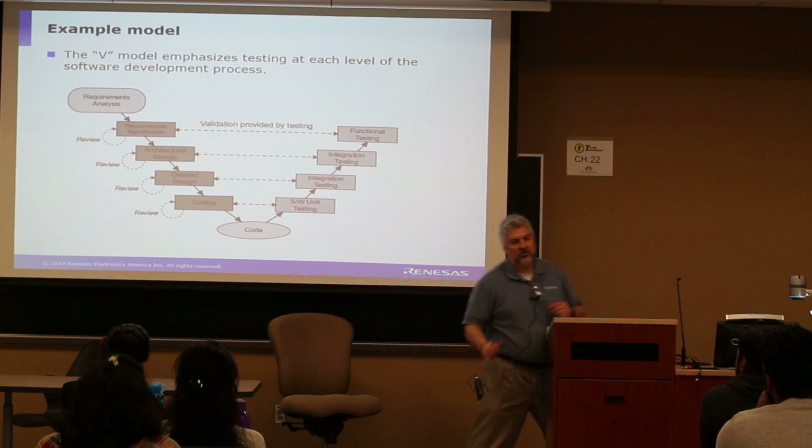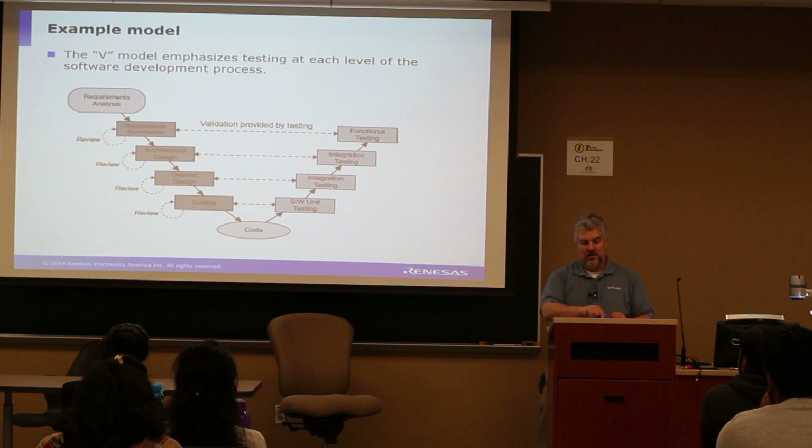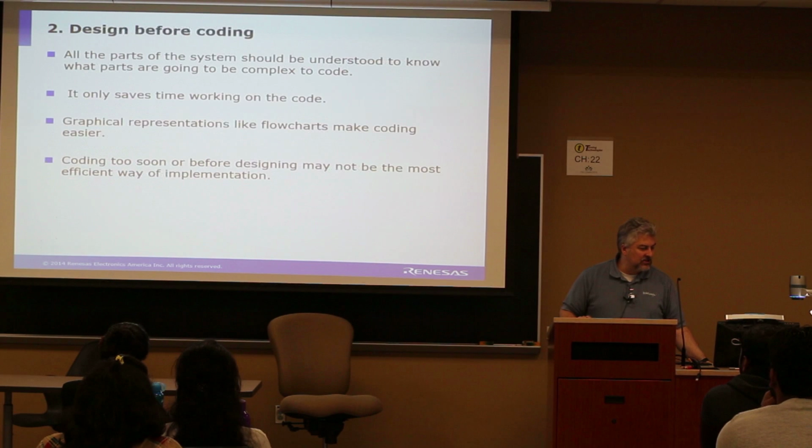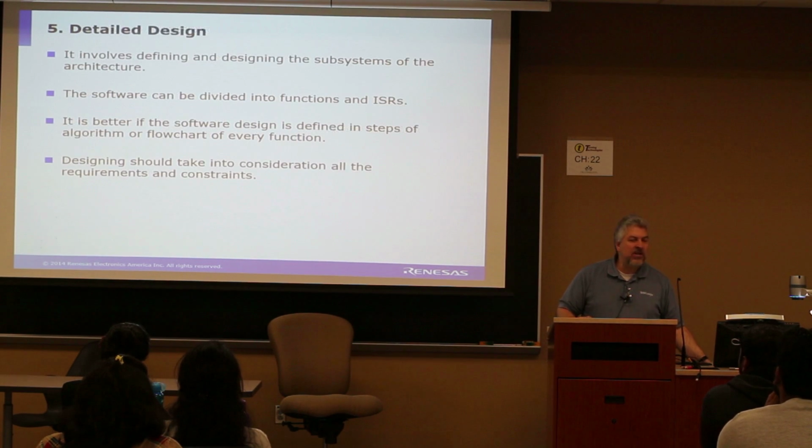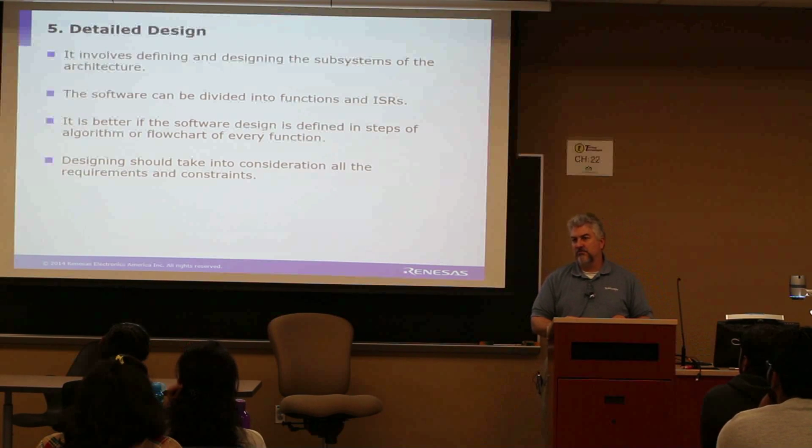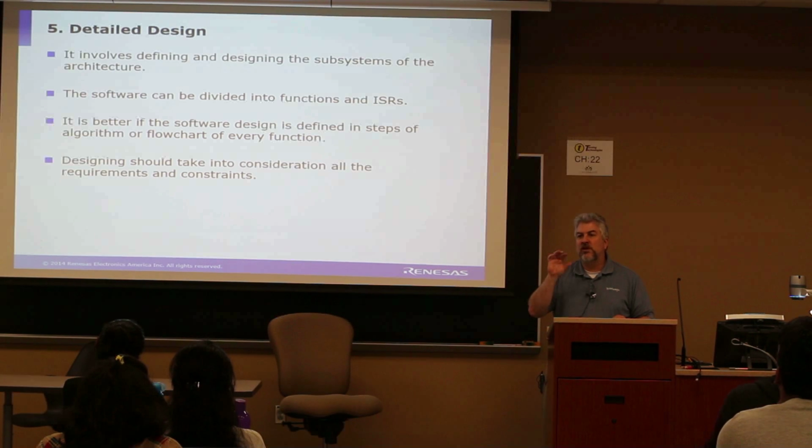Unit testing means you're testing what kind of code? An individual function, a little piece, and in some cases it may only be part of a function. The important thing is that you should test each one of these functions separately.